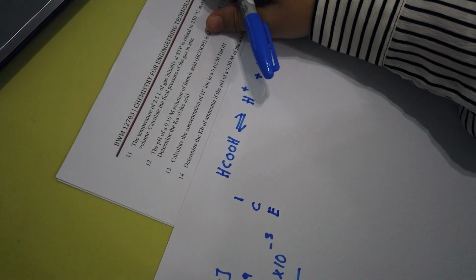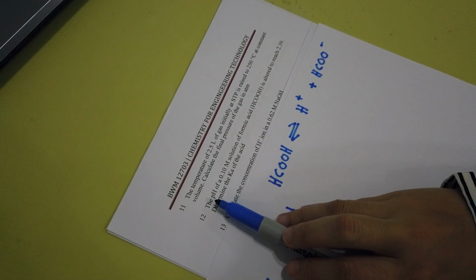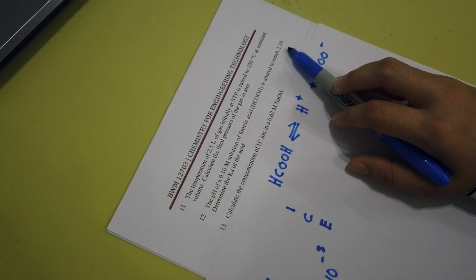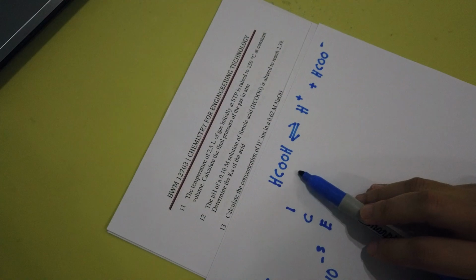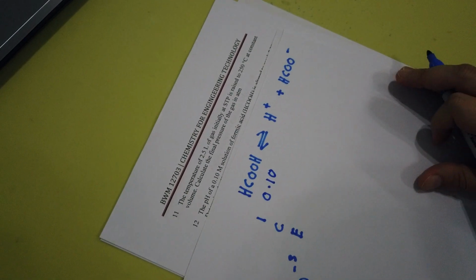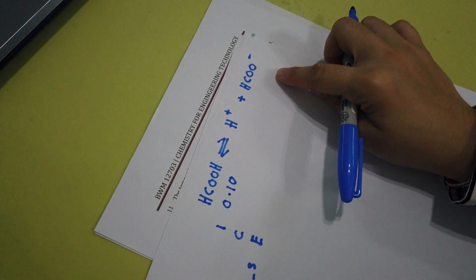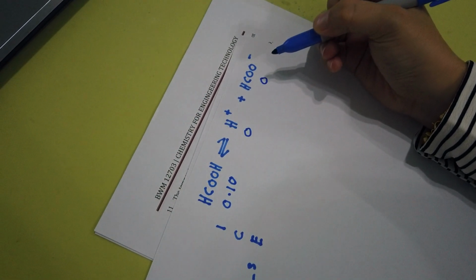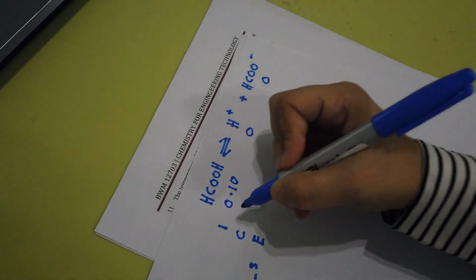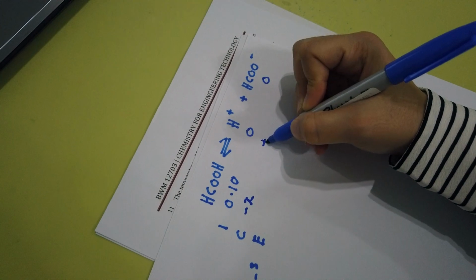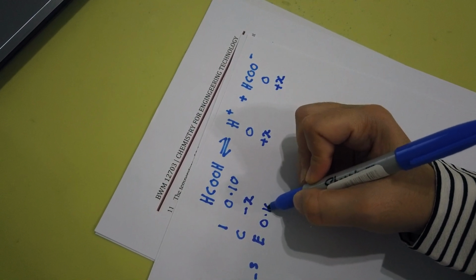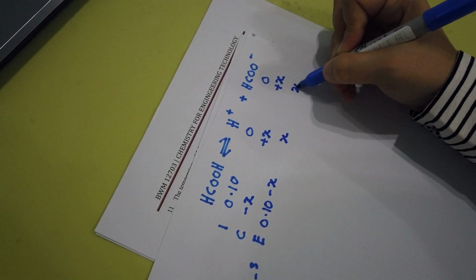If you look closely at the question, it states that the pH of a 0.10 molar solution is such, so the initial concentration is 0.10. Initially, no dissociation happens, so 0 and 0. Since this is a weak acid, it does not dissociate completely. So here is negative X, positive X, and positive X. At equilibrium, you will get 0.10 minus X, X, and X.